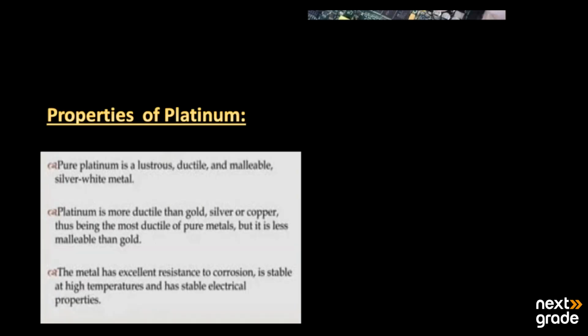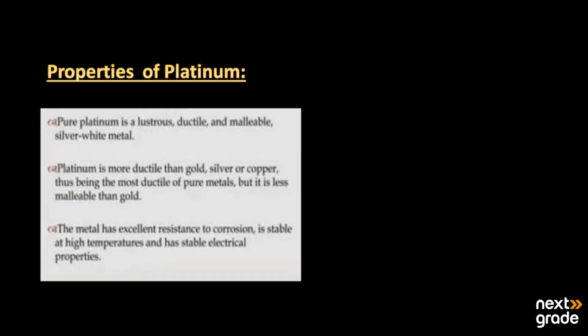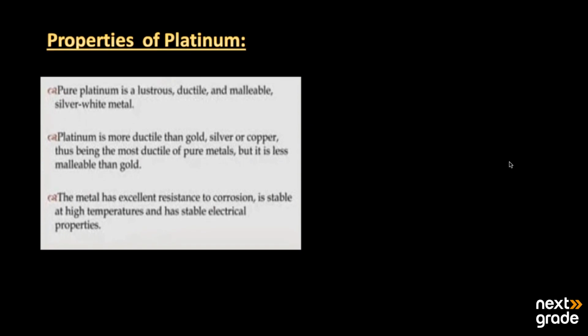Now we have the properties of platinum. Platinum is also a noble metal. It does not react with other substances. Pure platinum is lustrous, meaning it possesses a shiny surface.